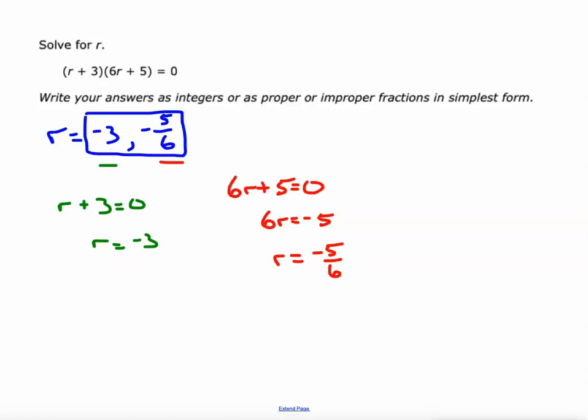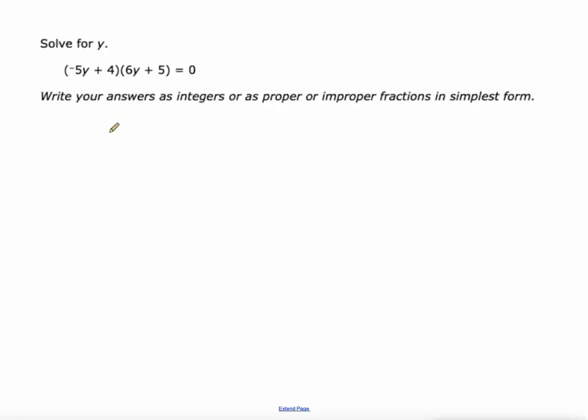Again, I don't think there's a lot of need to show this work, but maybe sometimes just to be careful, like this one. If -5y plus 4 is 0, then the entire left side would equal 0. So if you subtract 4 from both sides, you get -4 on the right. And then if you divide both sides by -5, -4 divided by -5 is +4/5.